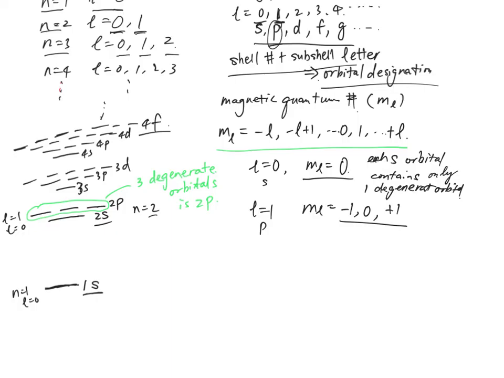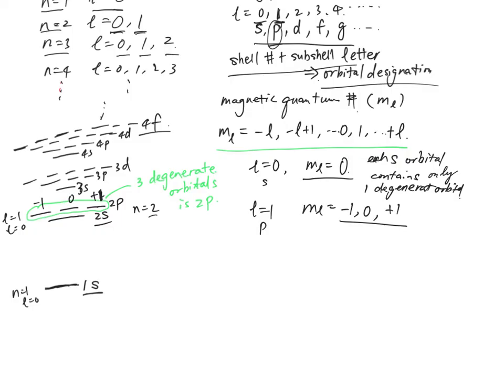When you have L equal to 1 in a p orbital, your magnetic quantum number will have 3 different values. Every single p subshell has 3 degenerate orbitals. So now I can label these degenerate orbitals: this is negative 1, this is 0, this is positive 1.